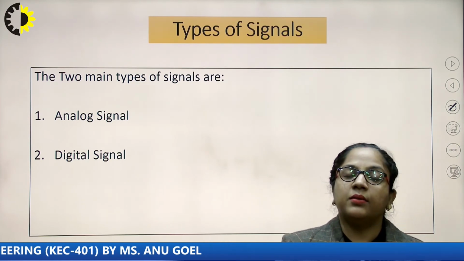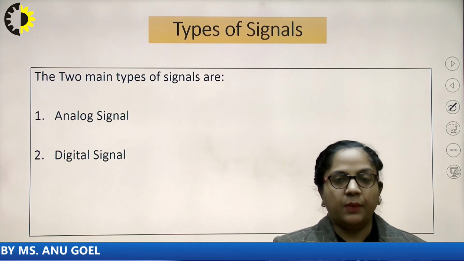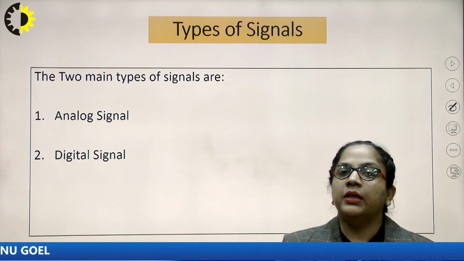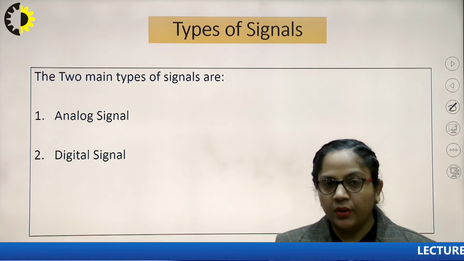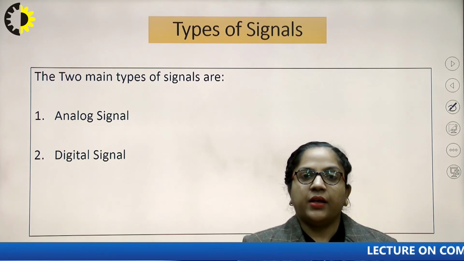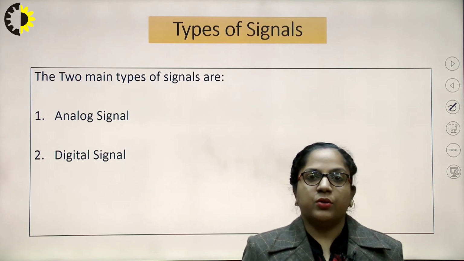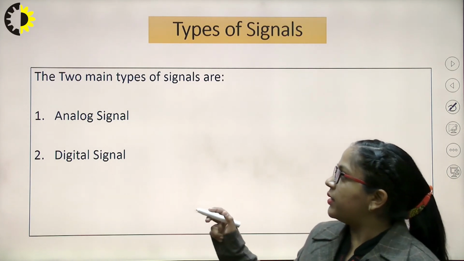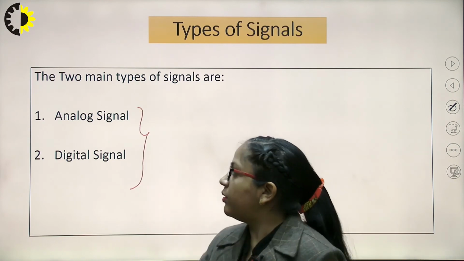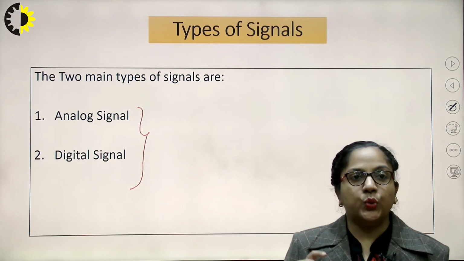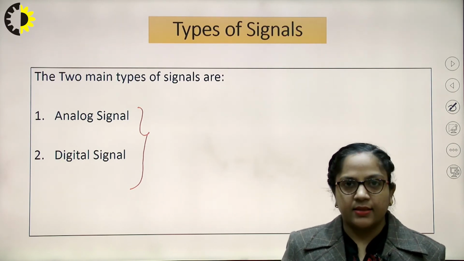Now we can also categorize the types of signal. Depending on what kind of signal I have, I will select the type of communication system, and the type of modulation I need to perform. So, depending on the type of signal, there are properties and behavior of the signal. There are basically two main types of signal, that is analog signal and digital signal.